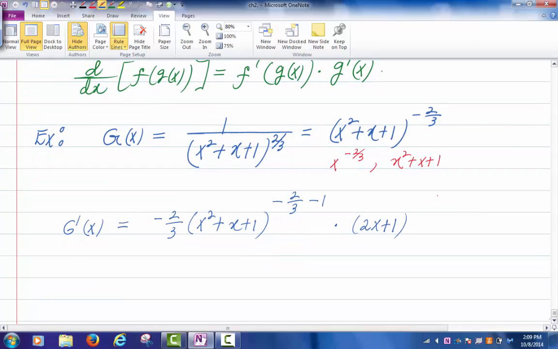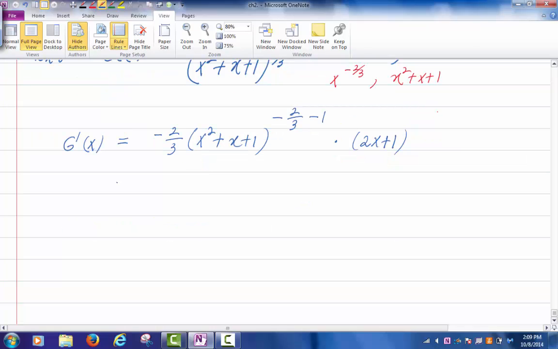And you can simplify a little bit by simplifying the exponent here. So this would be negative 2/3 times (x squared plus x plus 1) to the negative 5/3 times (2x plus 1).